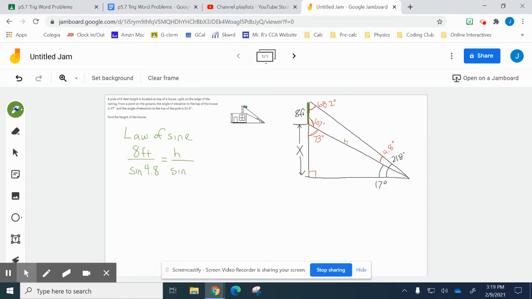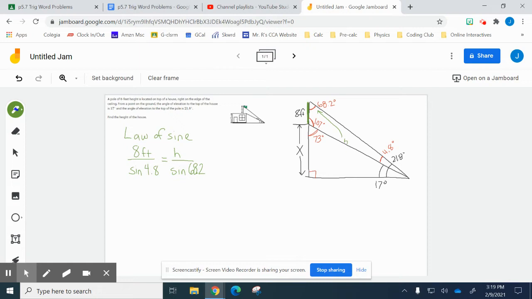So the leg is h, and it's hard to see because it's an oblique triangle, but the angle opposite this h is this angle right there, 68.2. So sine of 68.2.